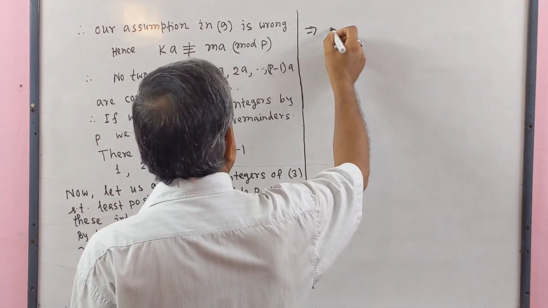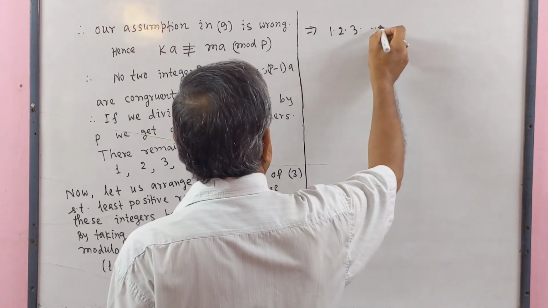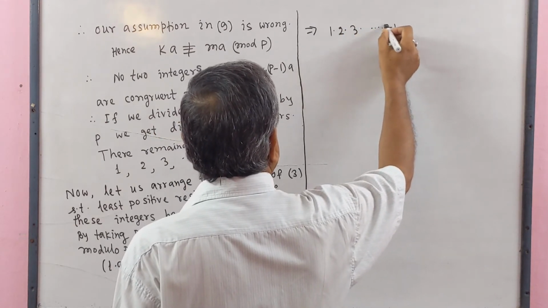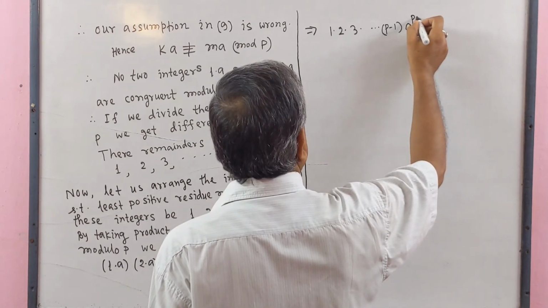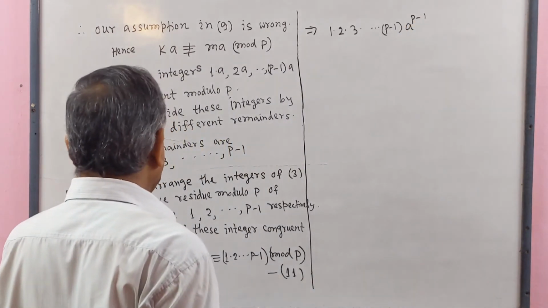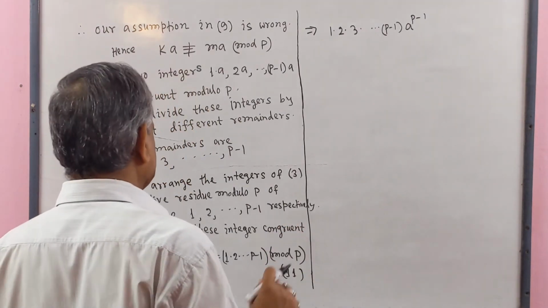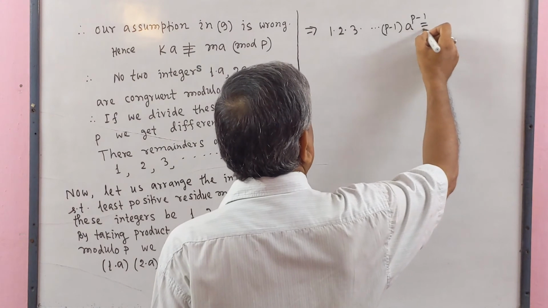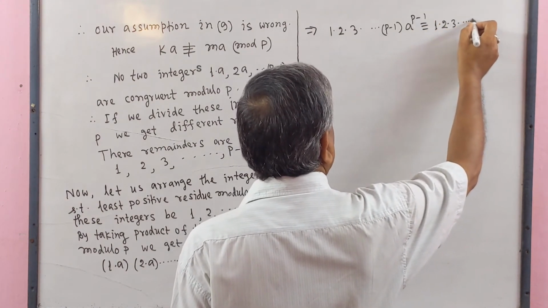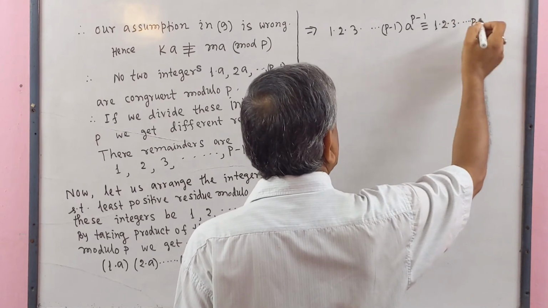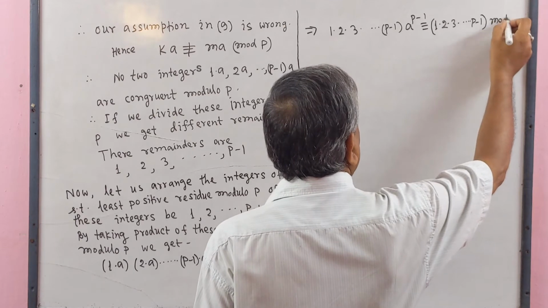Implies that 1 multiply 2 multiply 3 multiply ... multiply p minus 1, a to the power p minus 1 (a multiplied by a, p minus 1 times), is congruent to 1 multiply 2 multiply 3 multiply ... multiply p minus 1 modulo p.